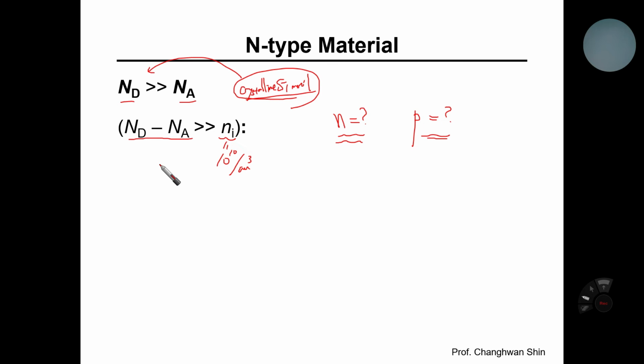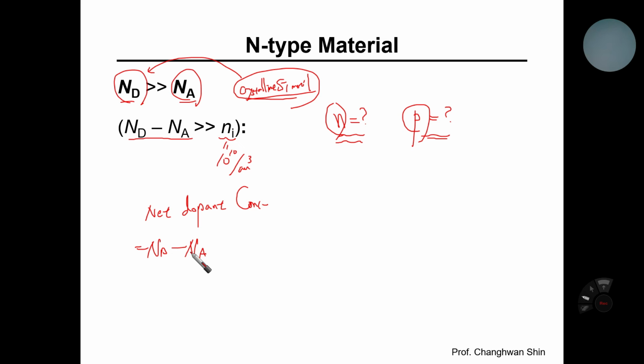As I just explained in the previous slide, the carrier concentrations, such as electron concentration and hole concentration, very much depend on the net dopant concentration. So net dopant concentration is N sub D minus Na. Here Nd is higher than Na, so I use Nd minus Na.